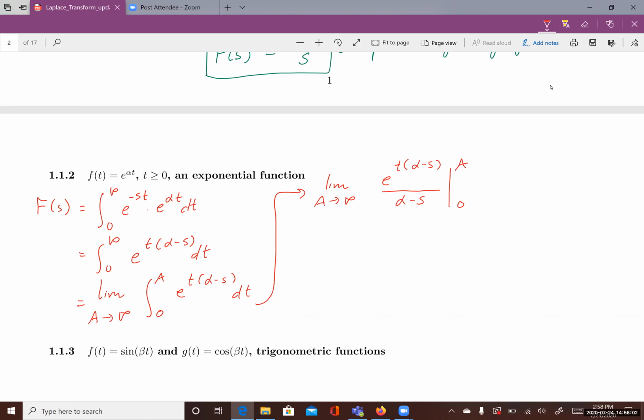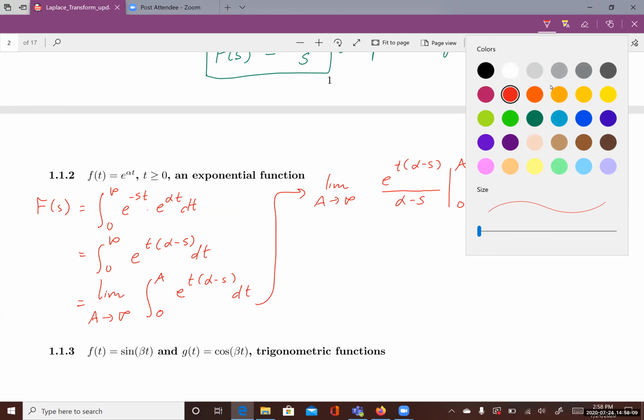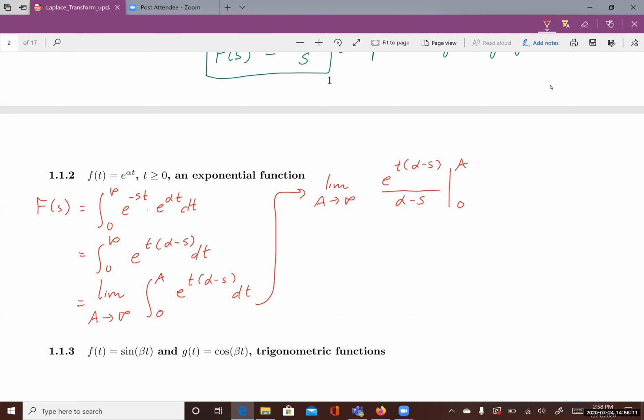And now you need to plug a and 0 into t using the fundamental theorem of calculus to find this limit. First, I still have the limit as a goes to infinity. Plug a into t, you will have e to the a times alpha minus s over alpha minus s. If you plug 0 into t, you will have e to 0, which is just 1, over alpha minus s. Okay.